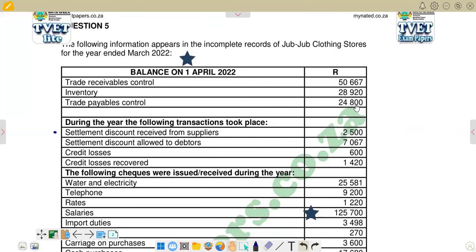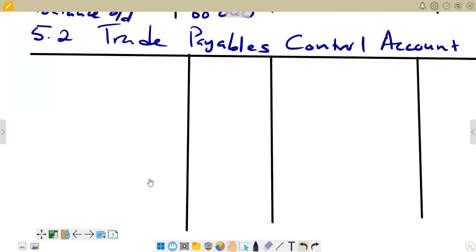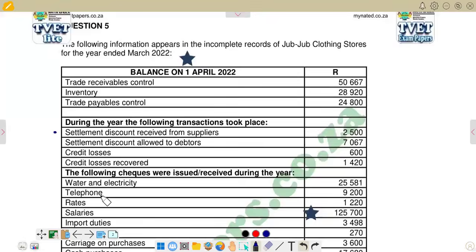So it means 24,800 is the opening balance for trade payables control. So we're just going to pick that one, 24,800. And remember, we are saying it comes on the credit side. Balance BD, and the amount that we have is 24,800. So we go back and check other information affecting trade payables control.